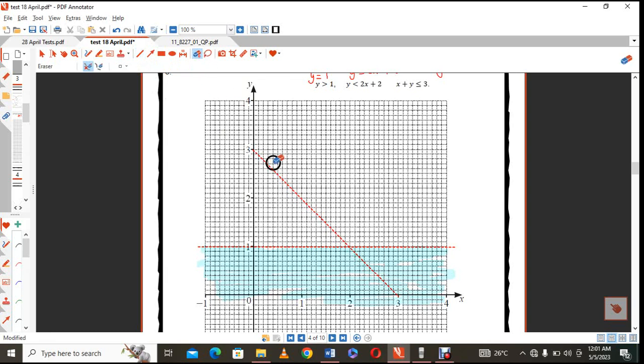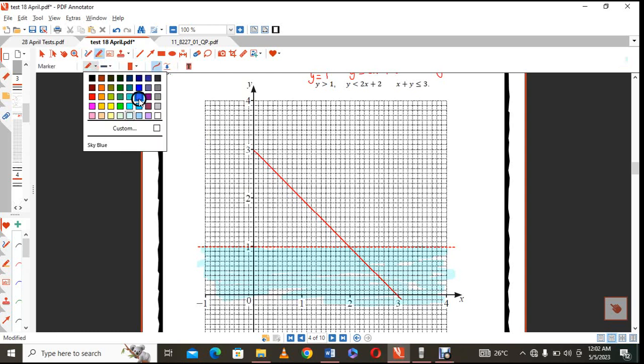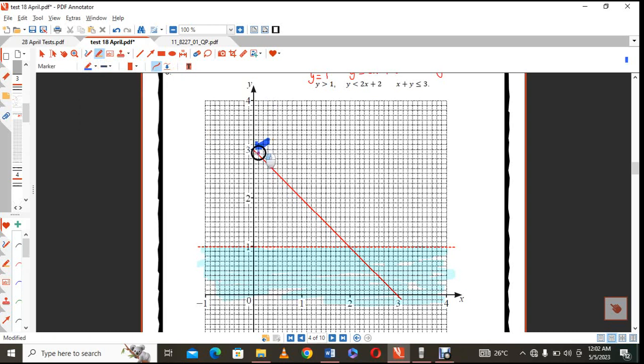That one is supposed to be a solid line in any case, because it is included. So 3 to 3. Okay, and again, my shading for that one is supposed to be on top. So this is the part that you are supposed to shade when you are doing your shading.